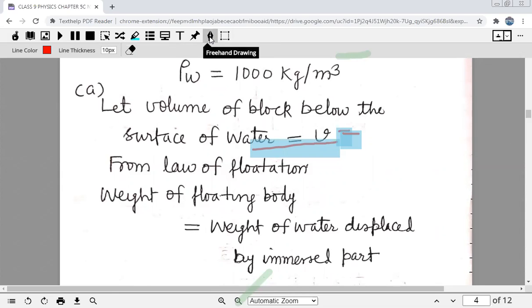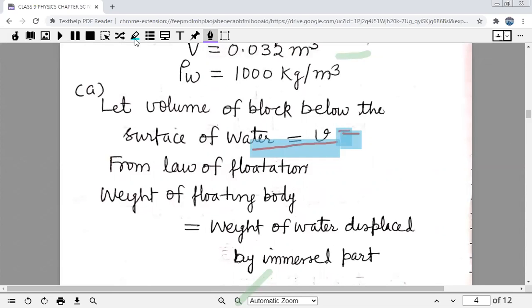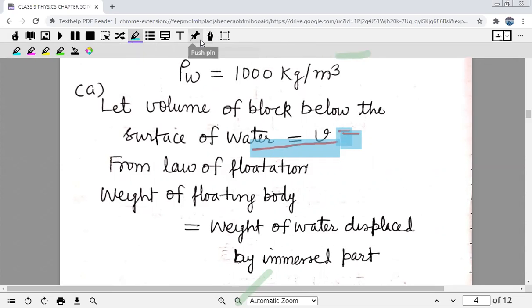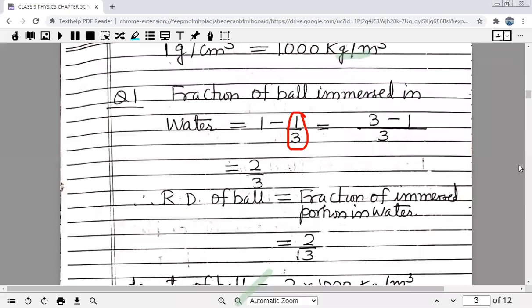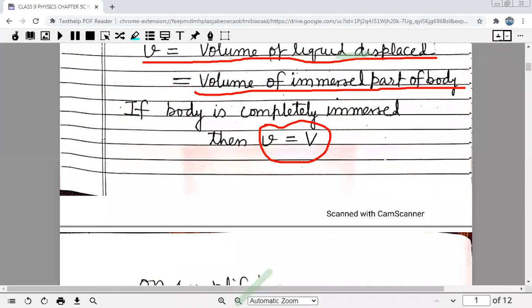So see here, how will you determine small v? As we know from the law of flotation, weight of floating body equals weight of water displaced by the immersed part. So what is the weight of the floating body? Mass is given as 24 kg, therefore weight will be 24 kg.